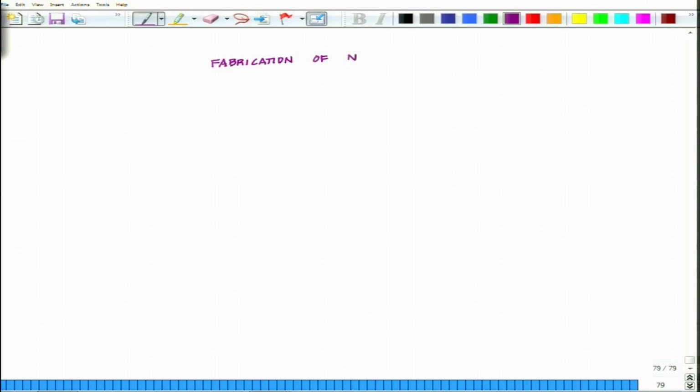Fabrication of nano, micro, depending on what size you are going for, the aspect ratio, nano, micro cantilever devices to study muscle force generation, muscle diagnostic.